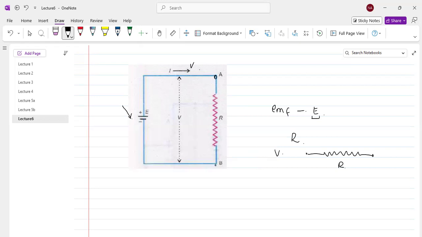There are two terminals across which the resistance is connected. Why is this example of resistance used? Actually, we want to show what is happening when a current flows through the resistor due to the connection of a battery across some resistor.